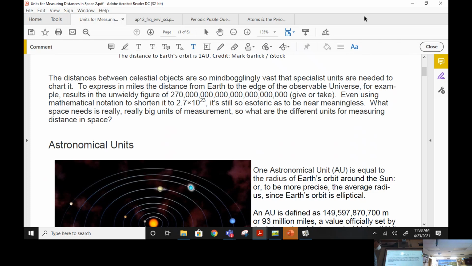Even using mathematical notation to shorten it to 2.7 times 10 to the 23rd, it's still so esoteric as to be almost meaningless. What space needs is really, really big units of measurement. So what are these different units for measuring distances in space? The first one is the astronomical unit.